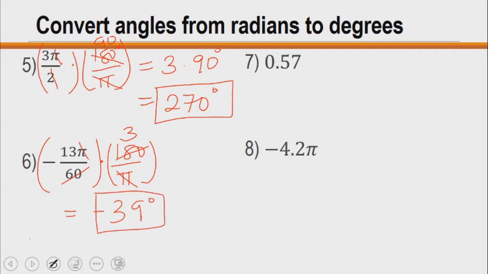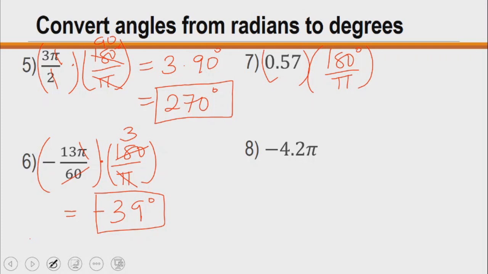Answer. For number 7, you are given just 0.57. I have told you whenever your angle doesn't have any degrees on it, that means it's in radians. So to convert this, you multiply it by 180 degrees divided by pi. It's the same for everything. For this one, use your calculator.